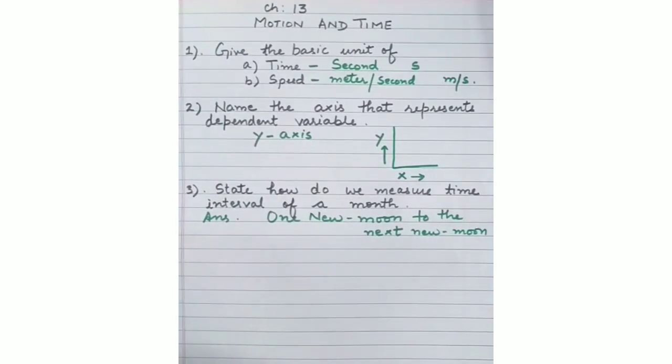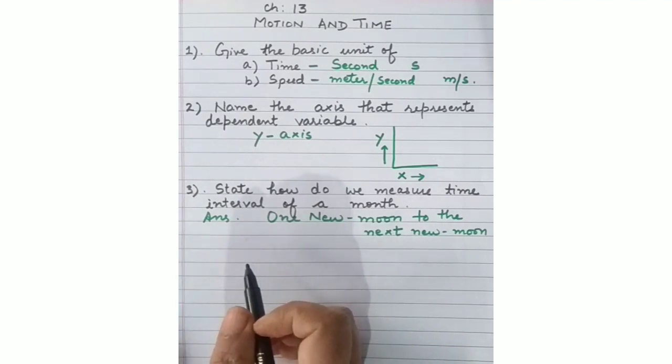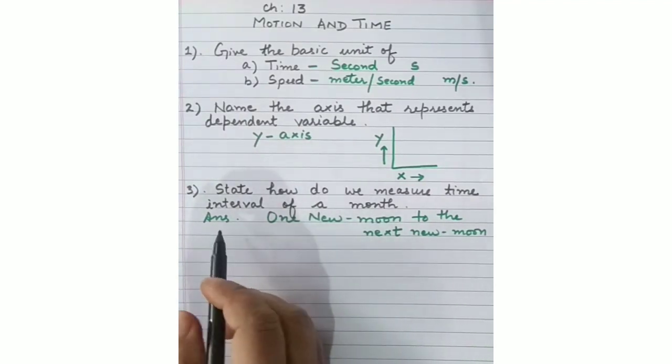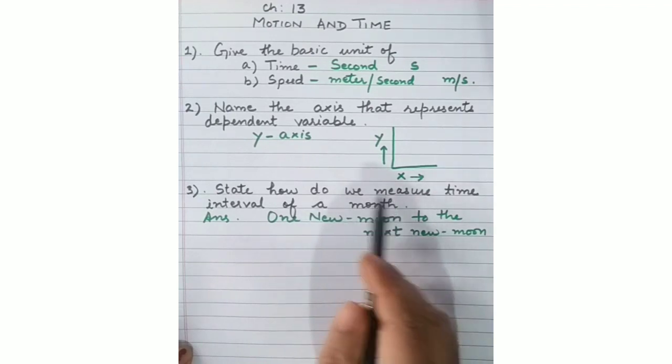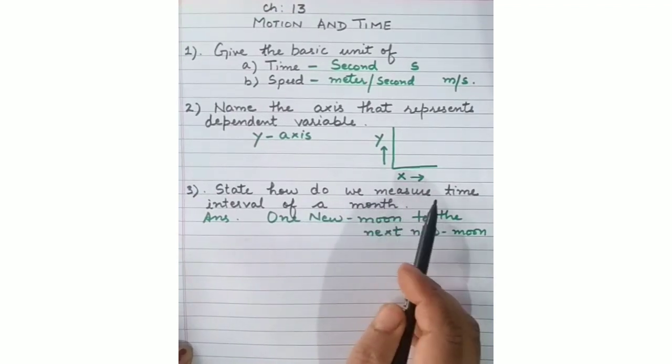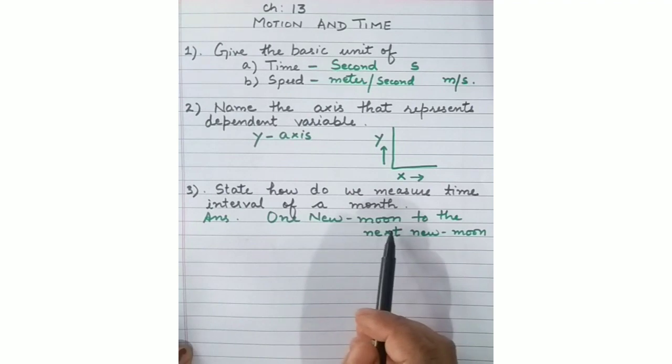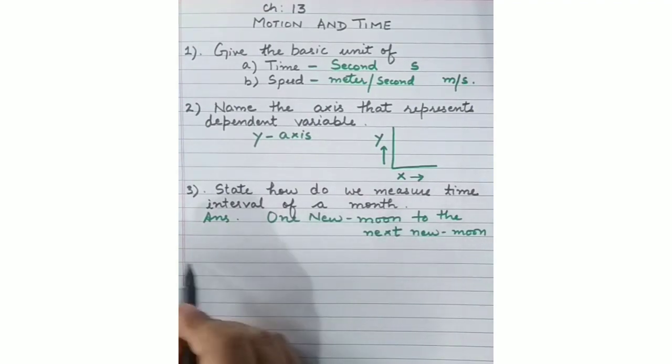Okay, so this is what a duration of the time interval between a month, that is from one new moon to the next new moon. So how many days are there? 30 or 31 days. In February we have 28 days. So when we talk about a month, we can measure this from one new moon to the next new moon. Okay. Next is question number 4.